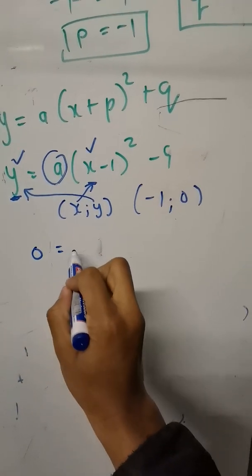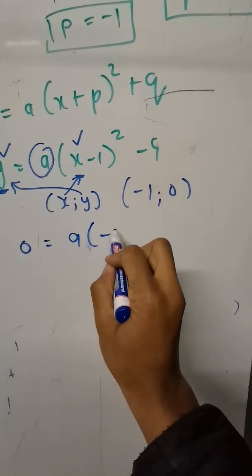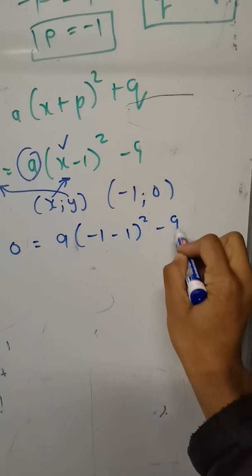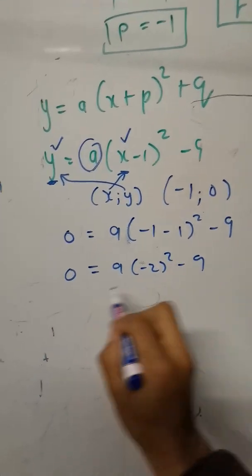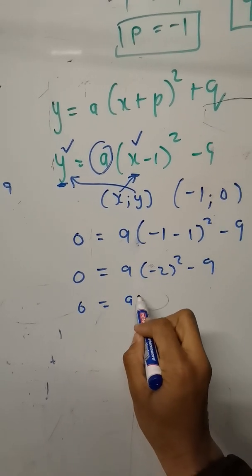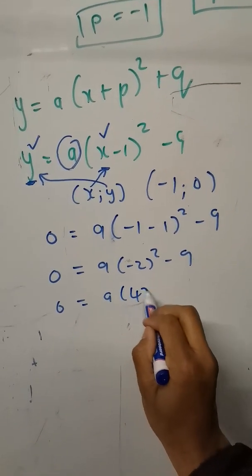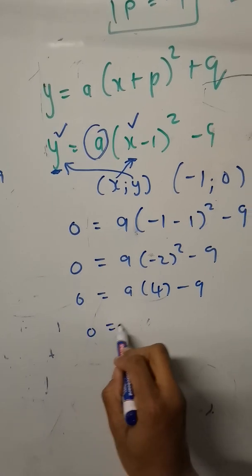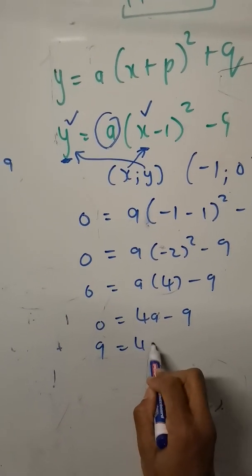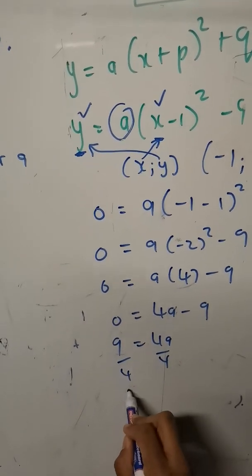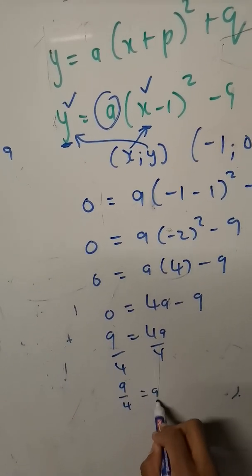So we got 0, which is the y, a we don't know, (-1 - 1) squared minus 9. 0 is equal to a into (-2) squared minus 9. So 0 is equal to 4a minus 9. Take that over: 9 is equal to 4a. Divide by 4: 9 over 4 is equal to a.